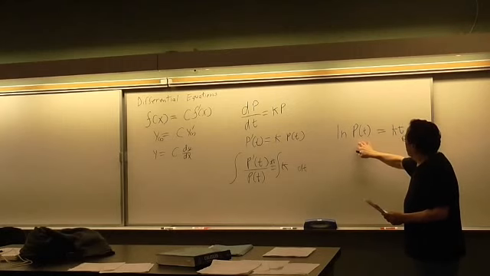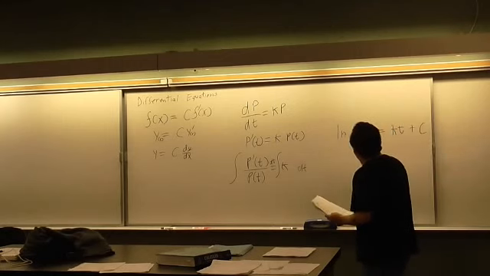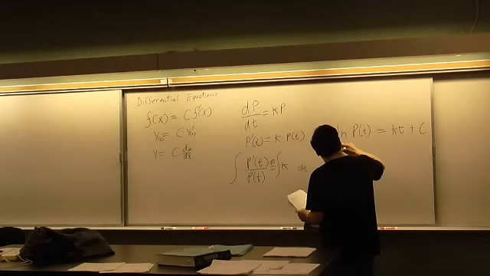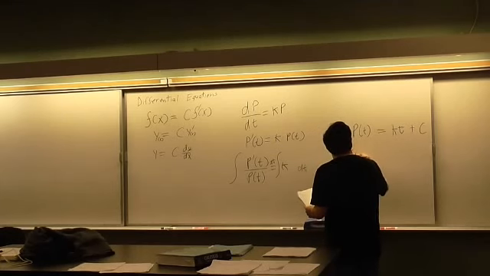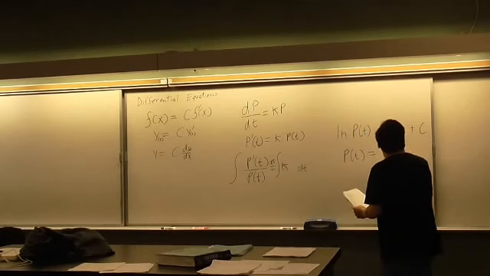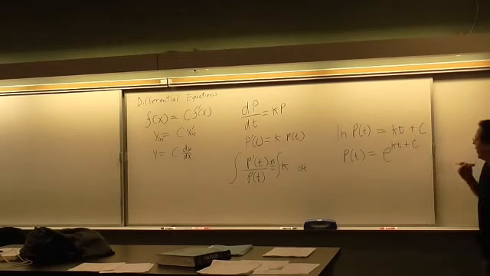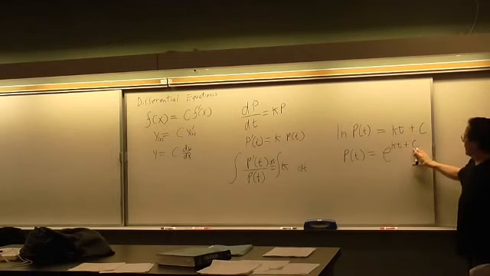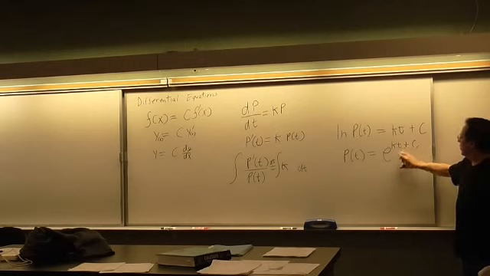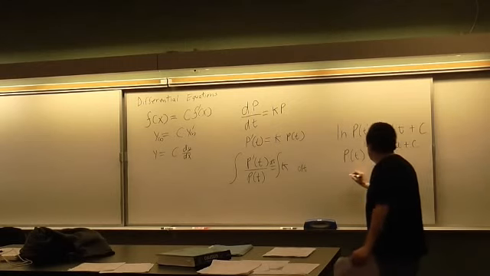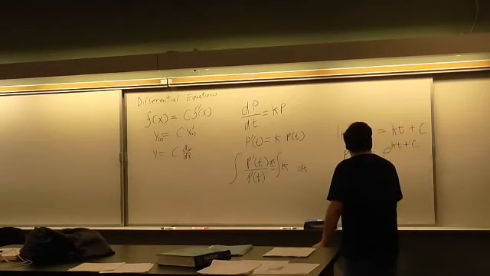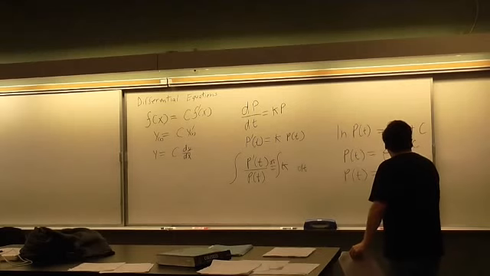And we can solve for p of t by raising e to both sides. And we're going to incorporate this constant, which is added to the exponent, as just another constant that we're going to multiply by e to the kt. So we end up with p of t equals a e to the kt.